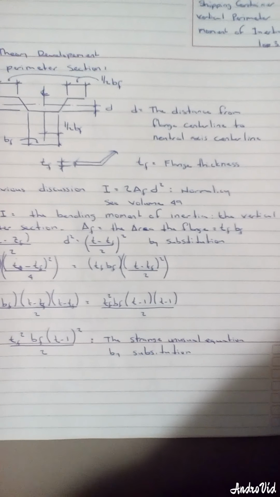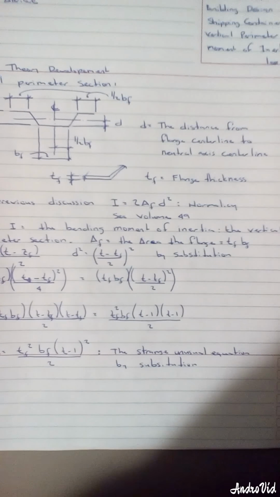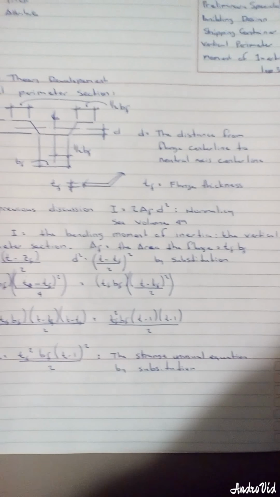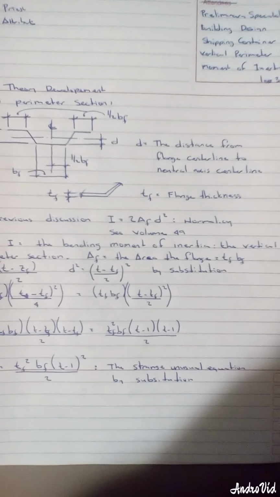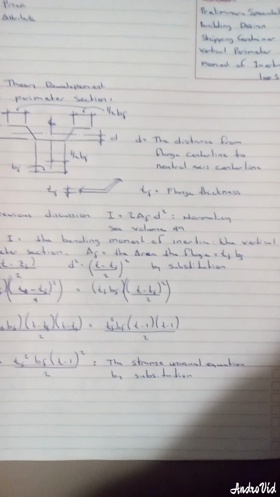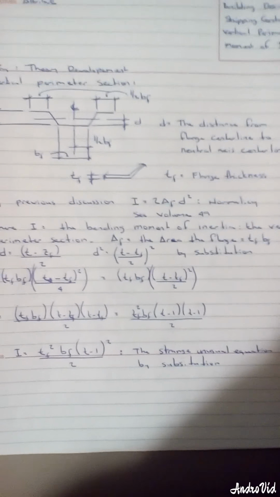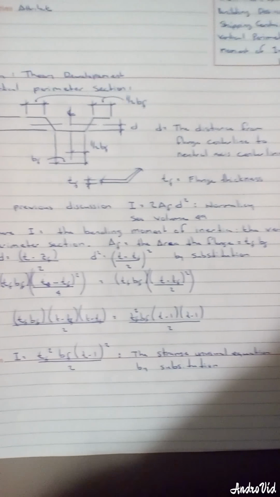In the moment of inertia equation, it's not considered because it's a very small moment of inertia by the individual study done, and so it's just stated to be neglected, so the equation becomes a lot simpler and just becomes I equals 2 A sub F D squared. So then we say see volume 49 for the other condition and calculate moment of inertia without using that very simple equation based on the symmetric condition.